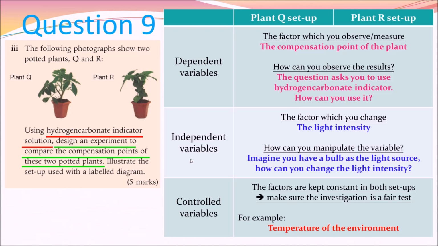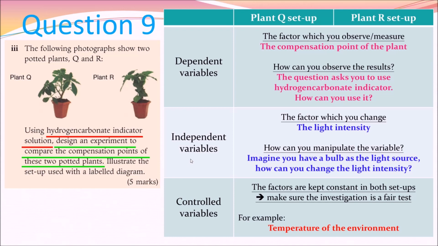And for the CV, the factors are kept constant in both setups to make sure that the investigation is a fair test. For example, temperature. Someone may challenge you, saying they have different compensation points due to the temperature, because temperature will also affect the rate of photosynthesis.